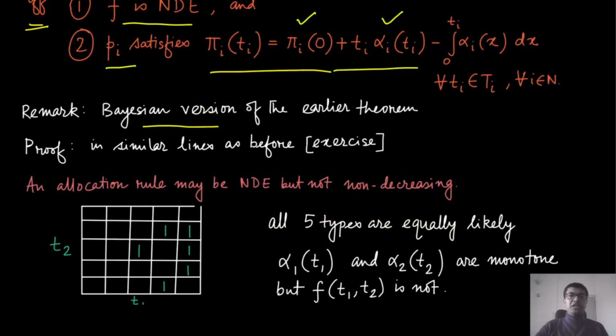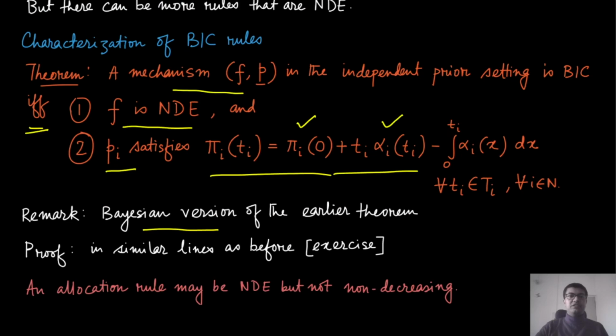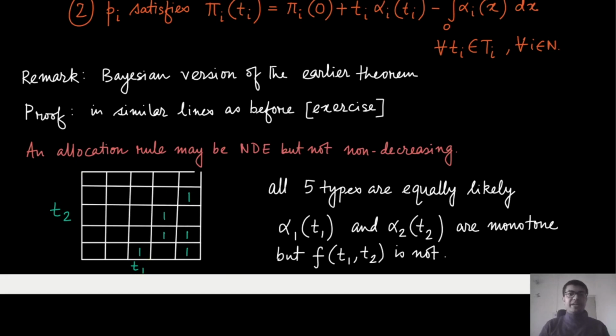Now, just to appreciate this result, let us look at a mechanism where the allocation rule is non-decreasing in expectation, but it is not non-decreasing. So that means that this mechanism is not DSIC, even though it is BIC. So how does the example look? Let us consider there are only two players here, and each of these players has 5 different types.